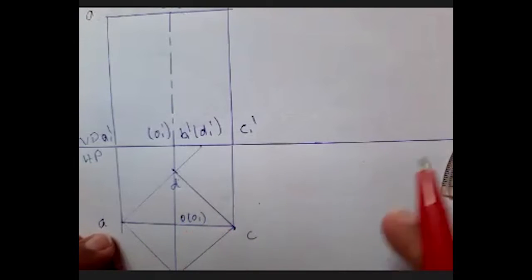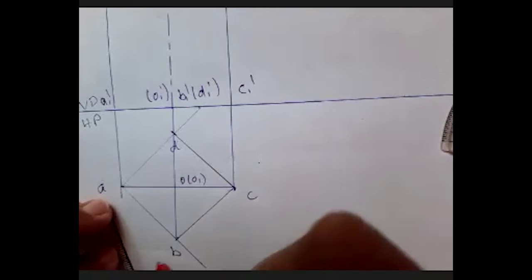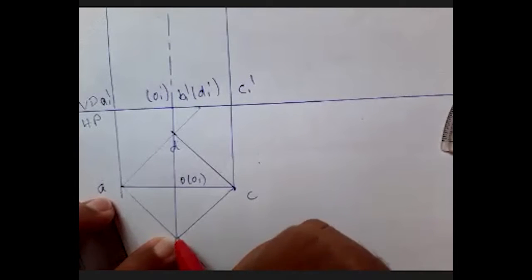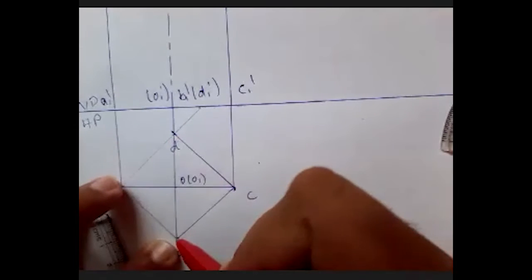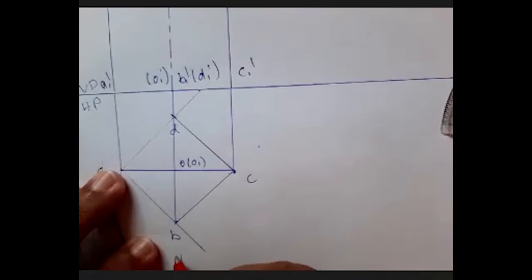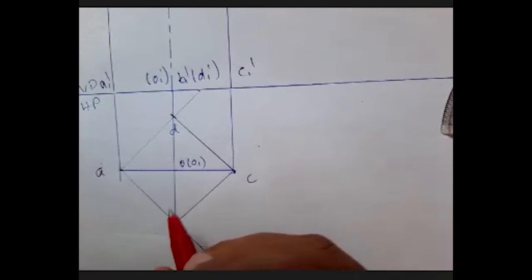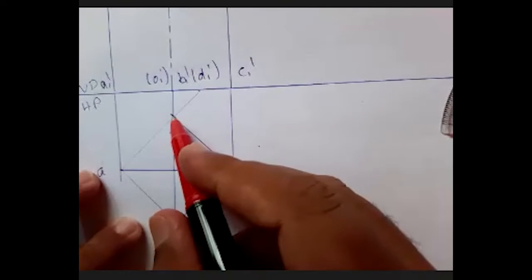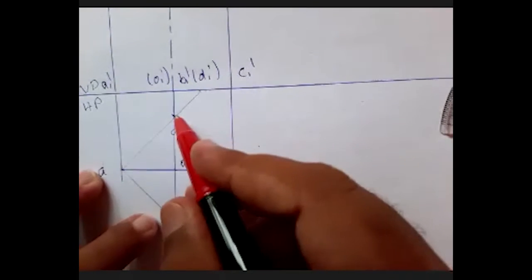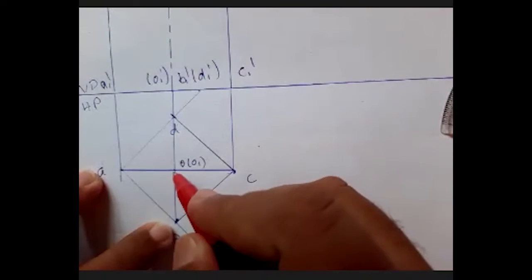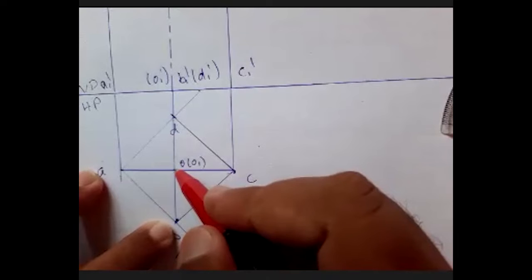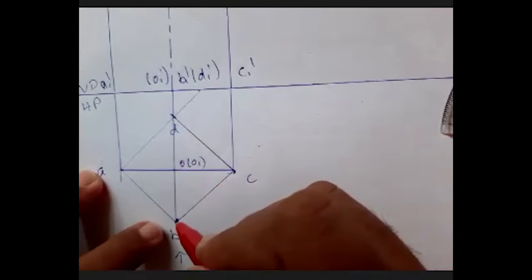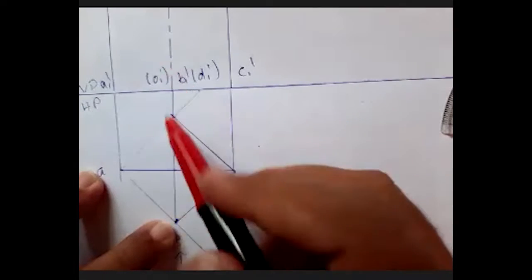When I see this line, I have B first, then O, that is the midpoint, then D. So when I'm seeing it from this end, I can see the corner B. I cannot see O, nor can I see D. I can see only B, I cannot see O, nor D. That means I cannot see the imaginary line here. I can see only the B1 line running from top to bottom.